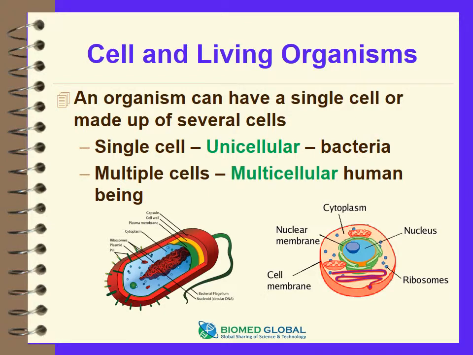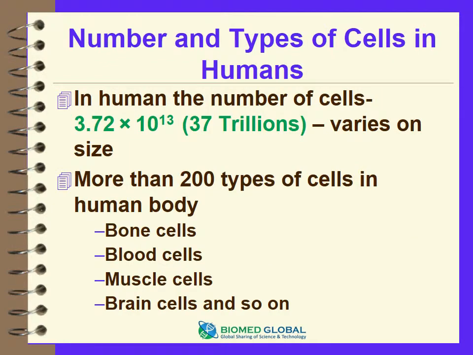If a living organism has just a single cell, we call it unicellular, and a good example is bacteria. However, if a living organism is made up of several cells, it is known as a multicellular organism, and we humans are multicellular organisms.